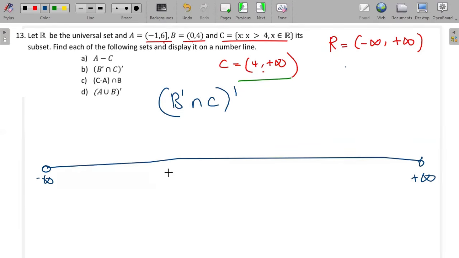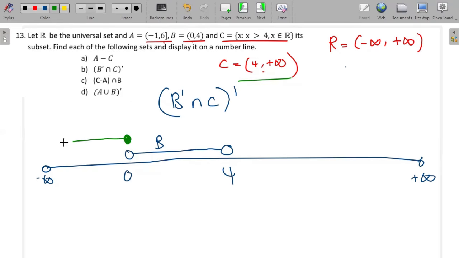So B, it's from 0 to 4. This is my B, and it has curved brackets, so it will be open circle, open circle. So this is my B. And then where will be my B complement? I come at the end point of B. This 0 is not in B, so it will be in B complement.